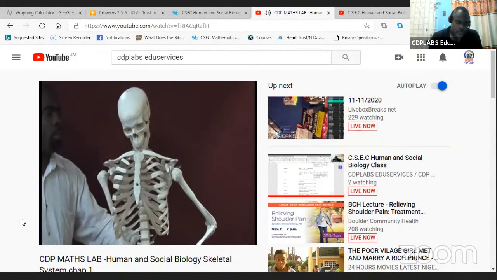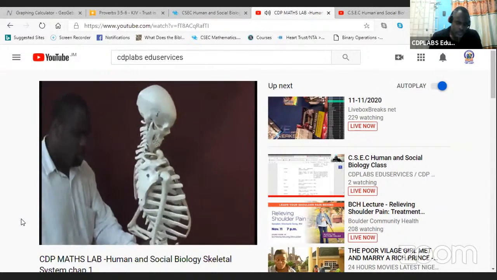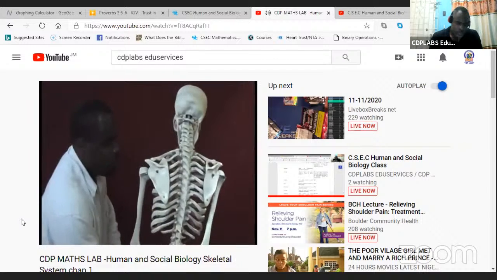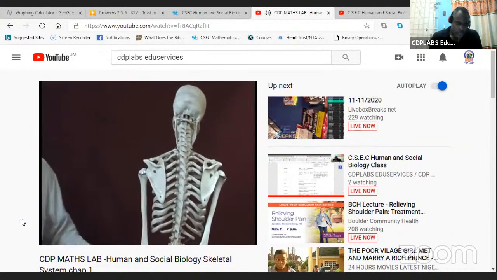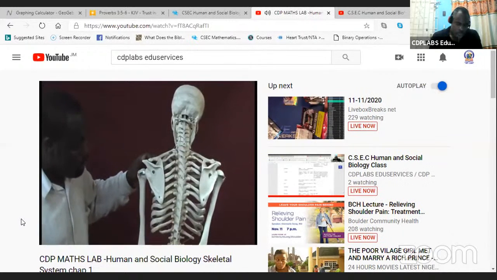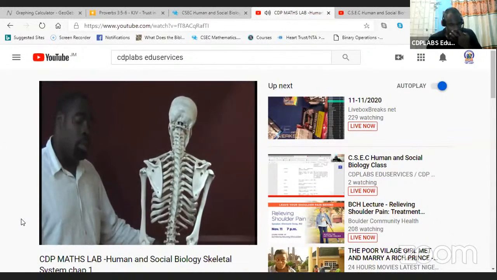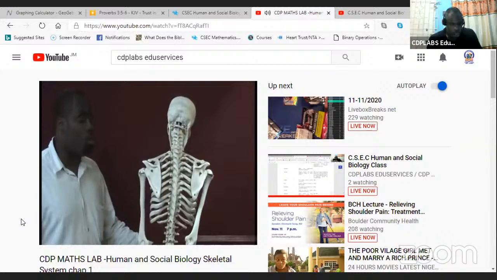Now coming from the cranium, turn around Mr. Skelly. Coming from the cranium, you'll have a bone called the vertebral column. The vertebral column is made up of 33 different bones.